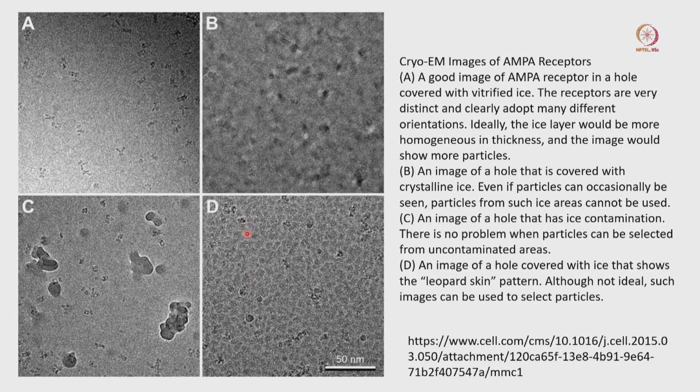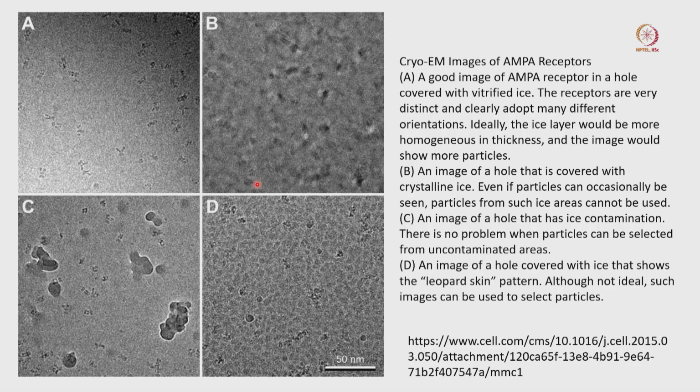From those kinds of samples, it is very difficult to isolate your protein molecules. So if your background is not very smooth and you are getting different types of ice pattern, and you can see crystalline ice, it is better to avoid those images for data processing.